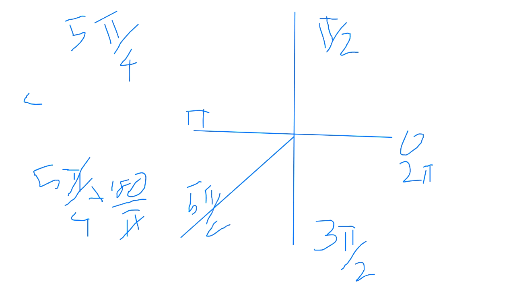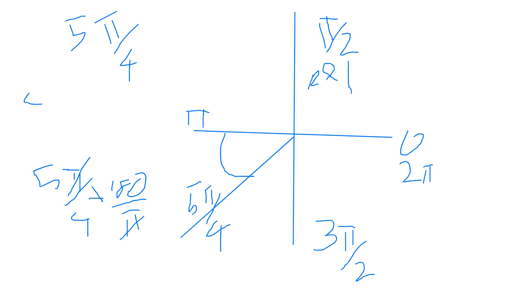So our closest x-axis is pi. Have you seen that? So our reference angle will be here. As I've said, any time you find a reference angle, you must get a special angle.